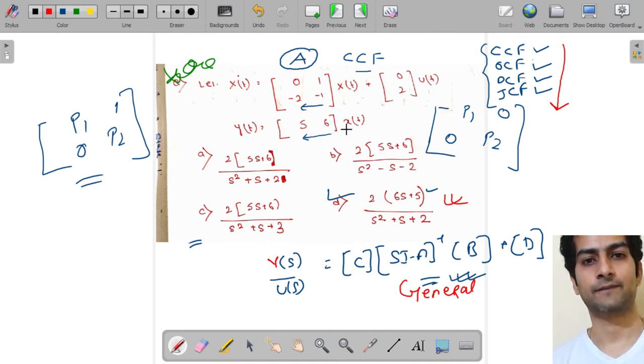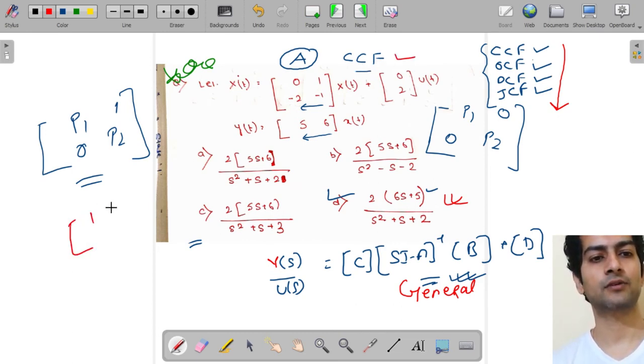Now second thing, here the matrix A was in CCF form. Suppose we get a matrix something like this. Is it in CCF, OCF, DCF or JCF? Suppose we have a state model which is not in the form of CCF, OCF, DCF, JCF. Then what will you do?